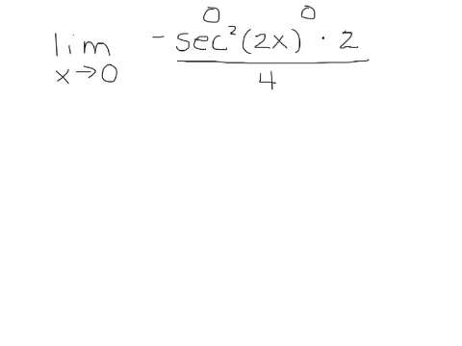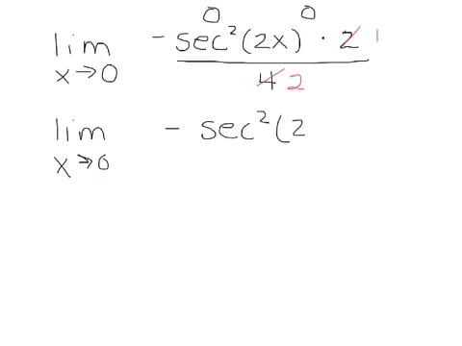Okay, so once again we can do a little more reducing. The 2 turns to a 1 and the 4 a 2. So regrouping, we have the limit as x approaches 0 of negative secant squared 2x over 2.